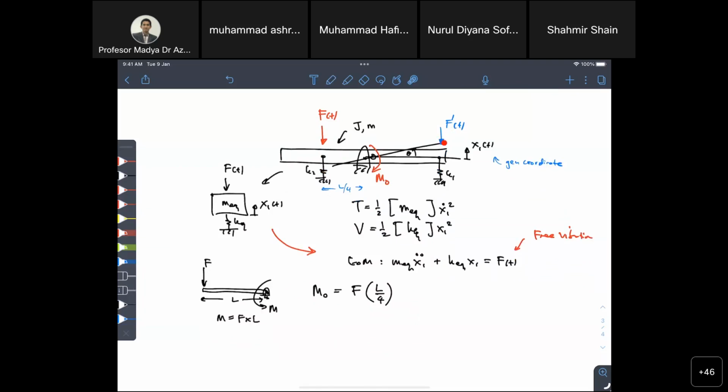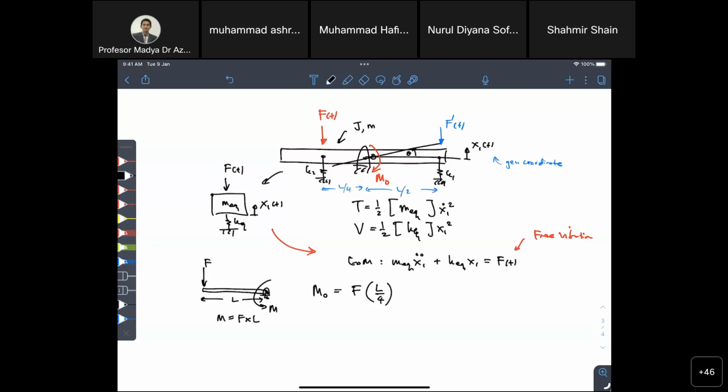So what is the moment if we want to replace that force with another force, but the position is here? What is that F accent T? The moment contributed to the center of rotation should be F accent T multiplied by the length here, say L over 2.